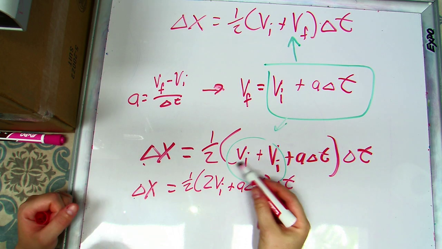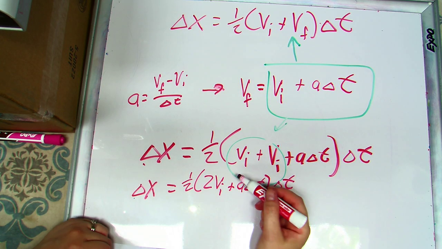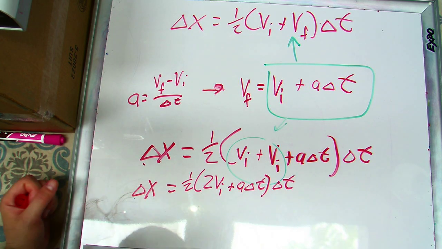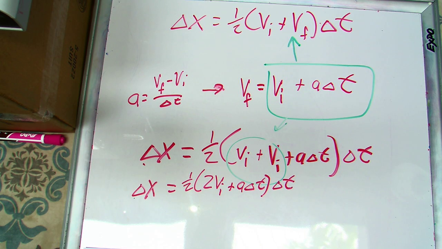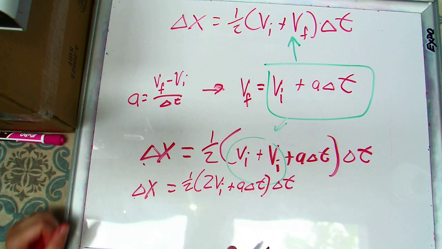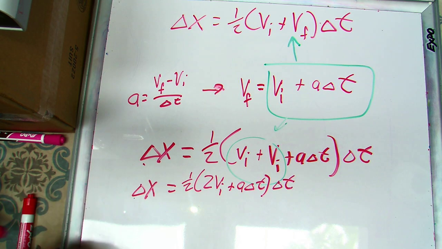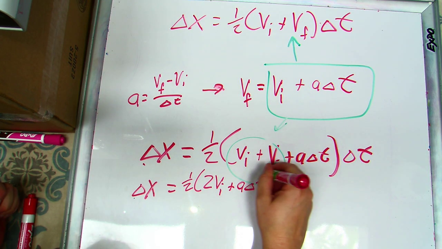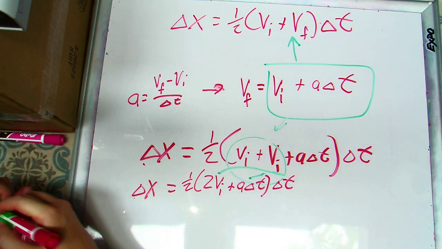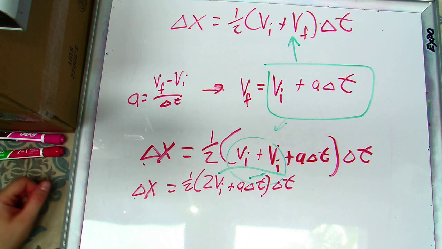So all we did was combine the vi plus vi to make 2vi. All right. Now I'm going to distribute the delta t across. So we're going to take the delta t and distribute that to each set of terms within that parentheses.